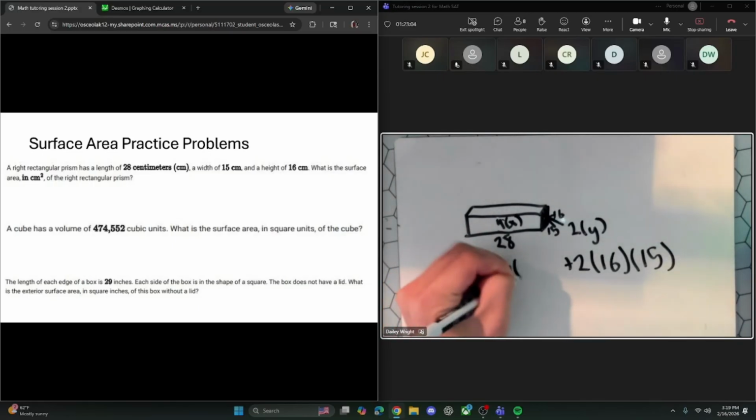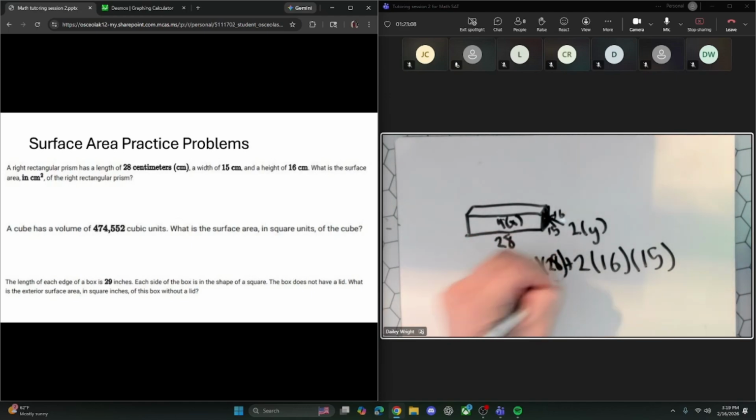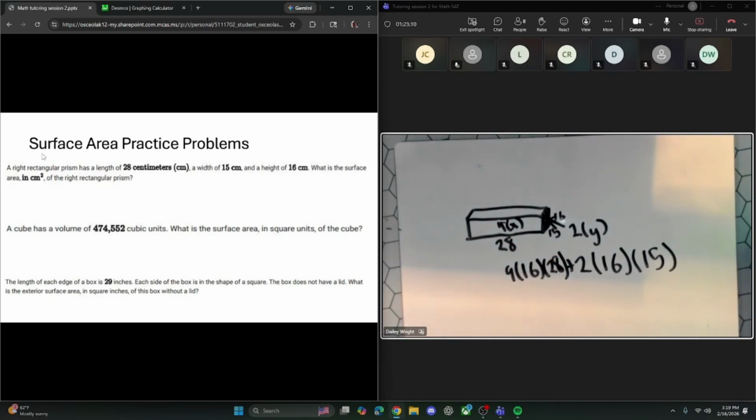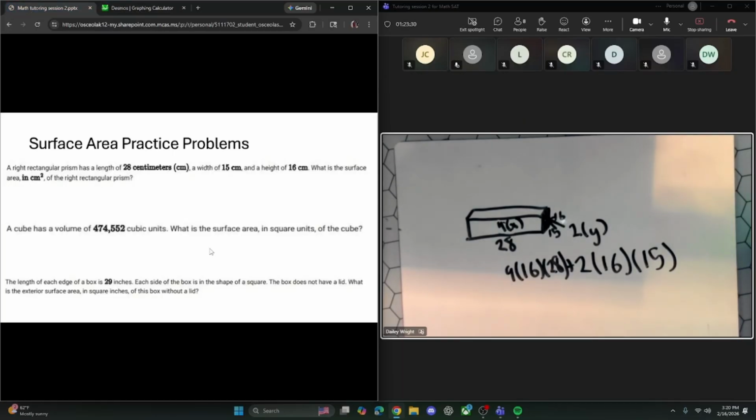So it would be 4 times 16 times 28. So I would go into Desmos to solve that. 4 times 16 times 28 plus 2 times 16 times 15. And that would give you 2,272, which should be your answer.